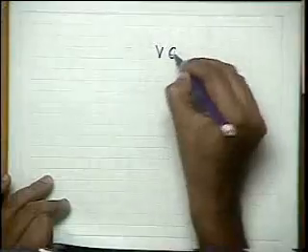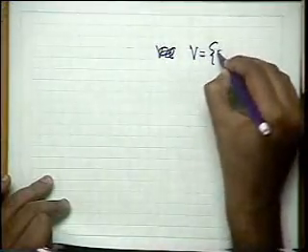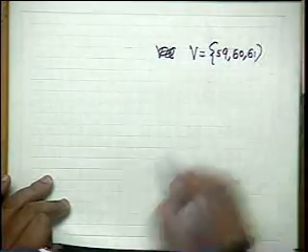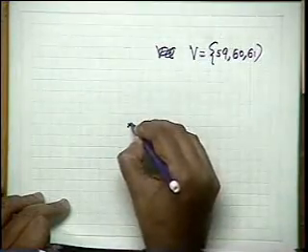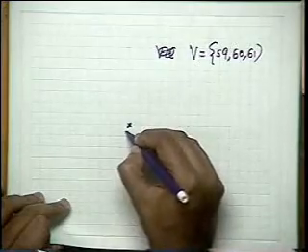Let us say we have V, supposing the set V consists of pixels having intensity 59, 60 and 61. And we have here a pixel P whose intensity value is, say, 59.